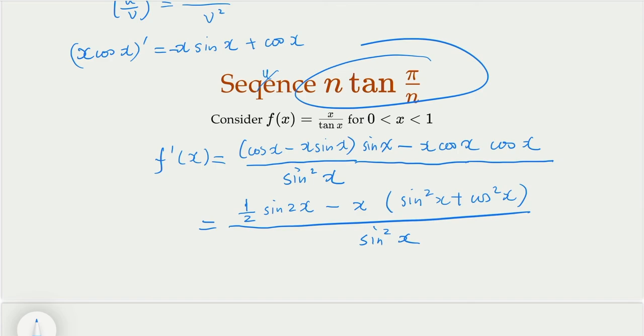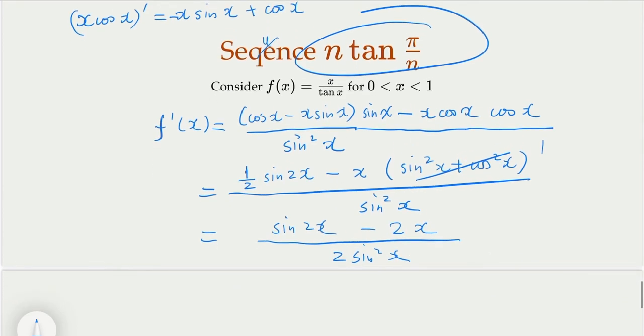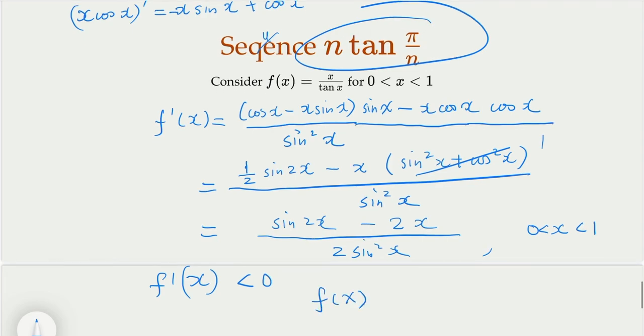All right, so if you simplify this, you're going to get 2 sine squared x, sine 2x minus 2x. We notice that we care about this interval here. So f prime of x is less than 0, so this function f of x is decreasing.